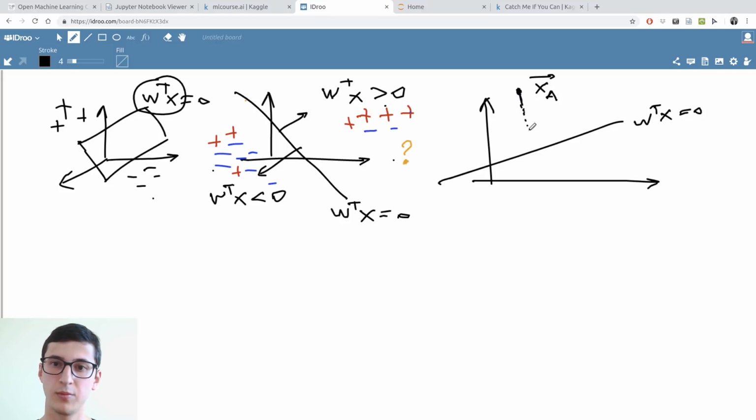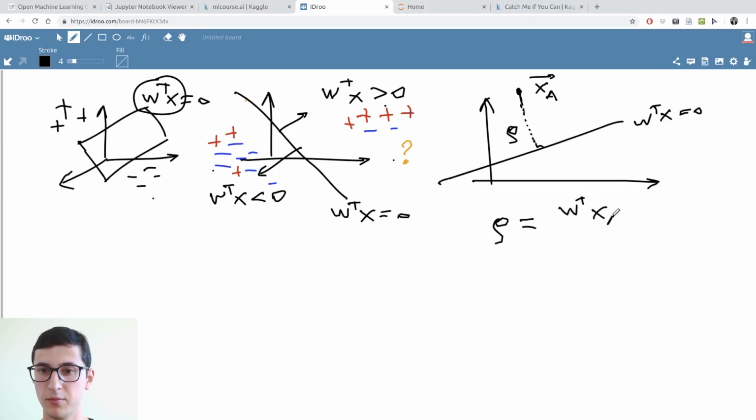So this distance, let's call it rho. So what's the expression for rho? So I'm omitting here details, but I strongly encourage you to derive it yourself. But the idea is that rho is proportional to exactly W transposed xa. We only need to divide by the norm of vector w here.